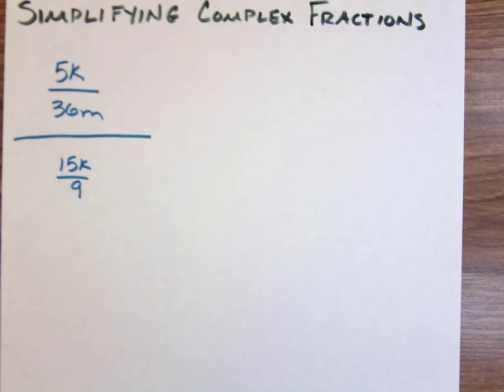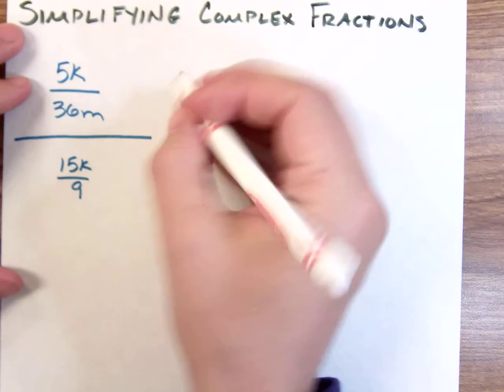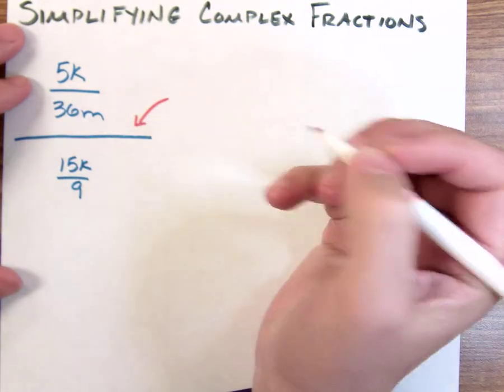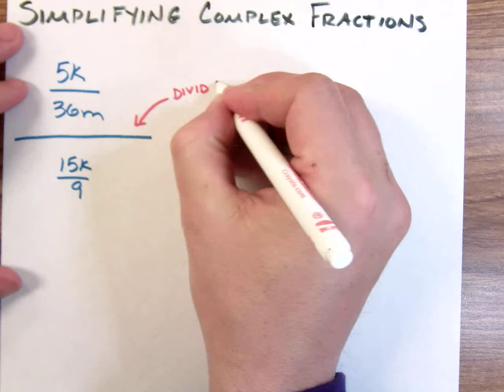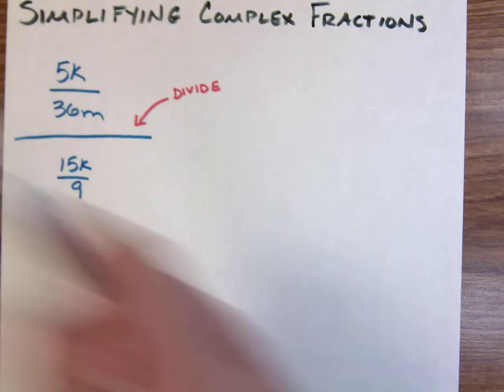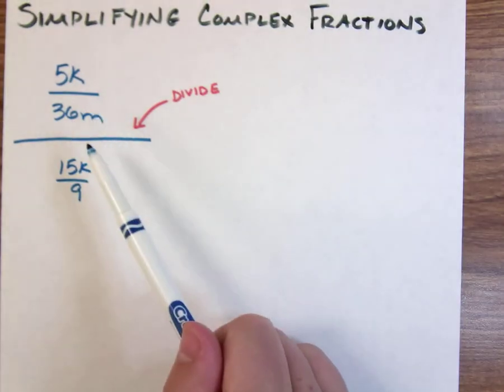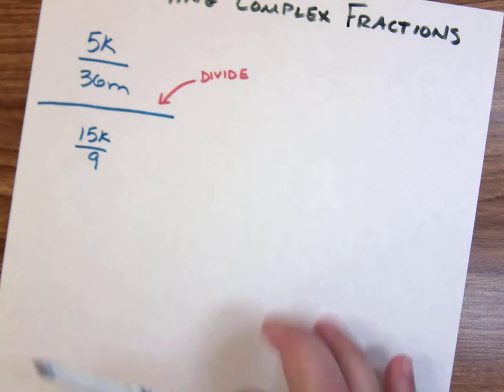It looks kind of horrifying, but you have done problems very similar to this when we talked last week about how to multiply and divide. What you have to remember about these complex fractions is that a fraction line, especially this big one in the middle, means divide. So what I'm actually saying to do is to take this fraction and divide it by this other fraction.